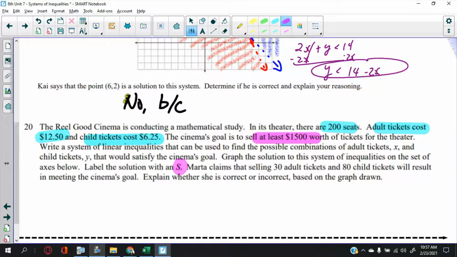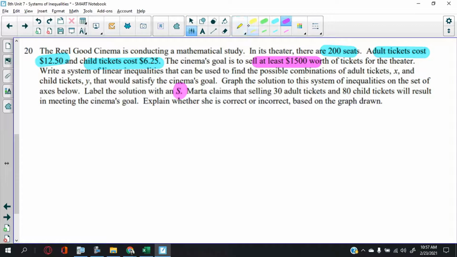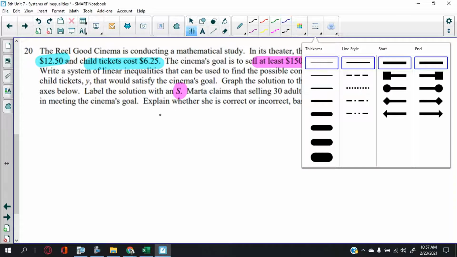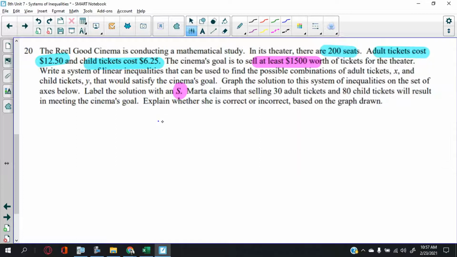So let's see. The first set of boundaries are defined. Maybe I should use red and blue for these equations because that's consistent with the calculator. There are 200 seats total in the theater, so you have adults plus children.